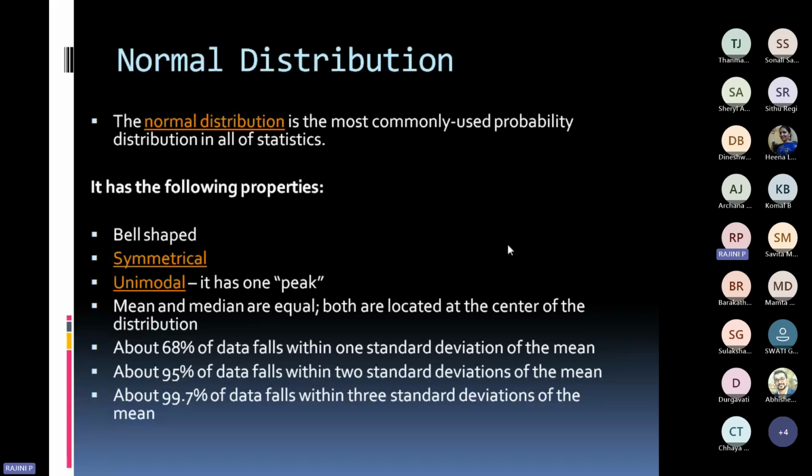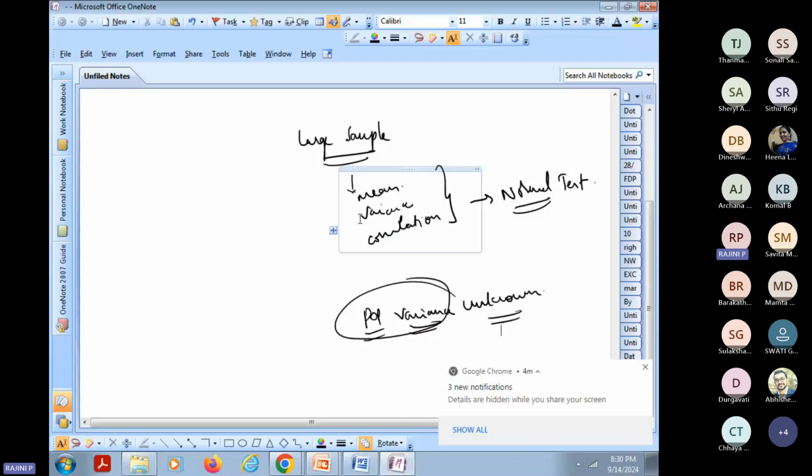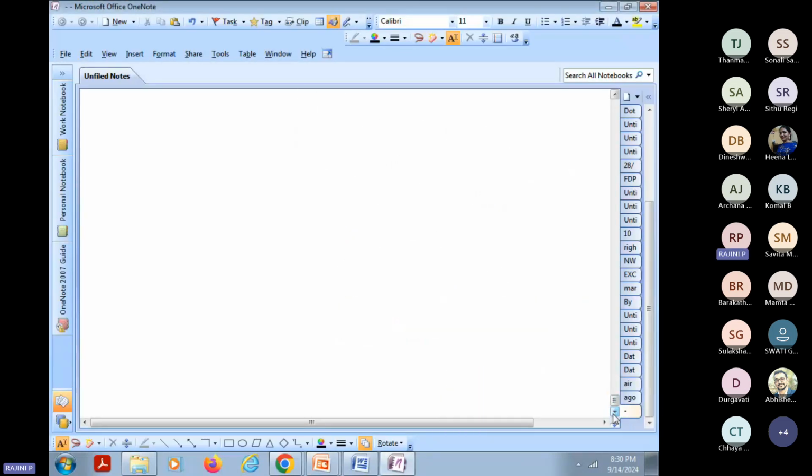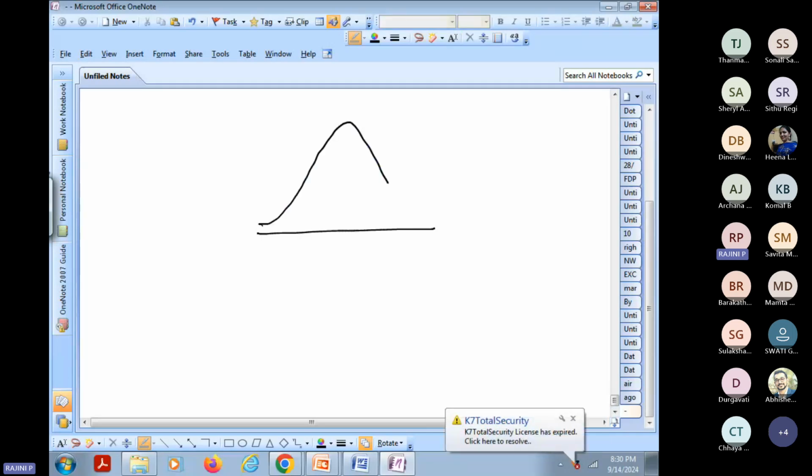For example, here you see a bell-shaped curve. When you plot the values on the graph, you will get a shape like this. Only one peak is here, right? So this is a unimode.